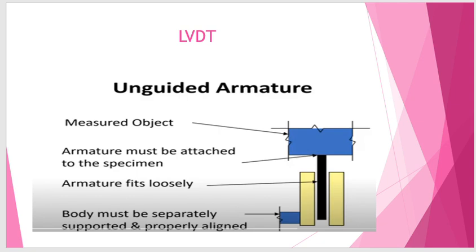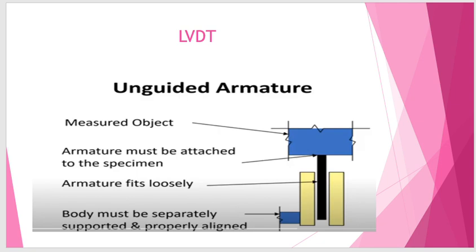The arm we have here is usually where we attach the object. We attach it separately and make sure it's properly aligned, because if it's not aligned we could run into alignment issues.